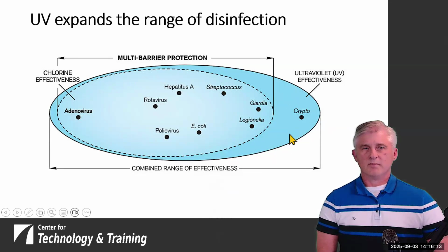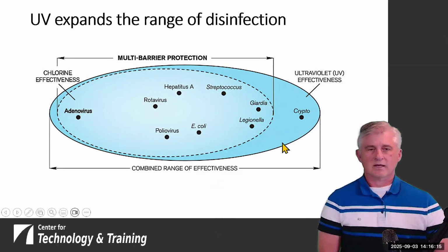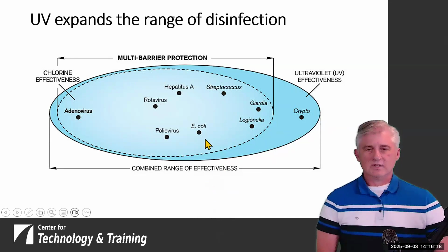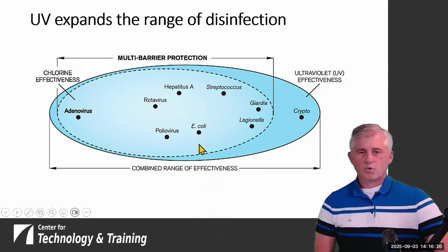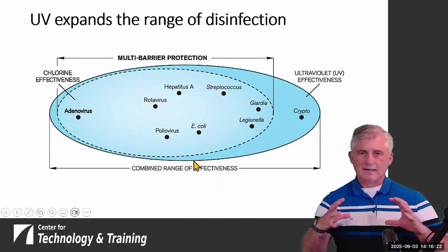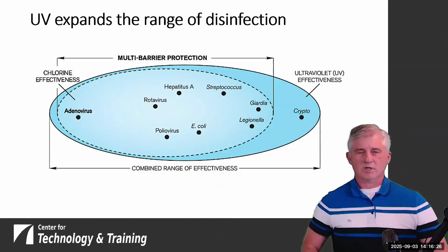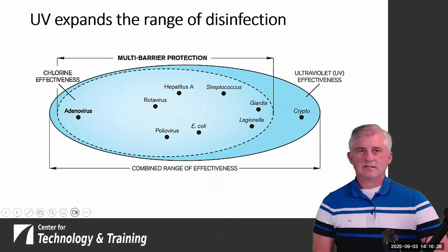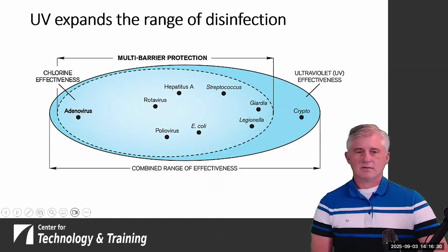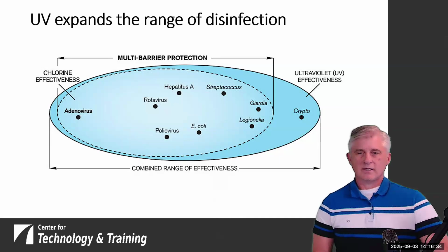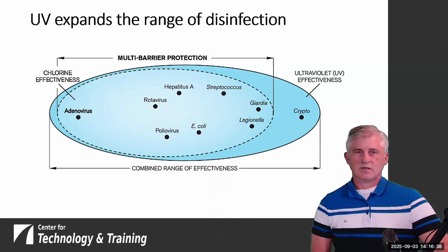So it's got an additional area that it can take care of. Crypto is in a cyst form where the organism's encased in a protective shell, and that's why the chlorine can't quite get into it. But UV destroys that shell and allows it to deactivate that organism that's inside the shell.